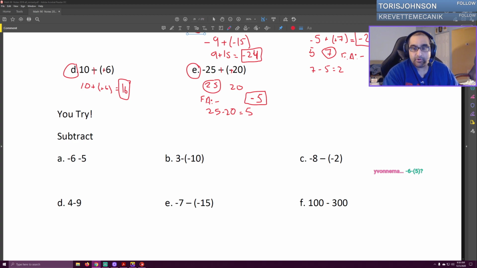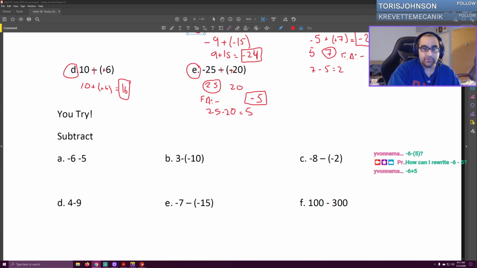I want to rewrite it in terms of addition, Yvonne. So rewrite it in terms of addition, please. I want to rewrite it in terms of addition just like we talked about from our key cases from before.